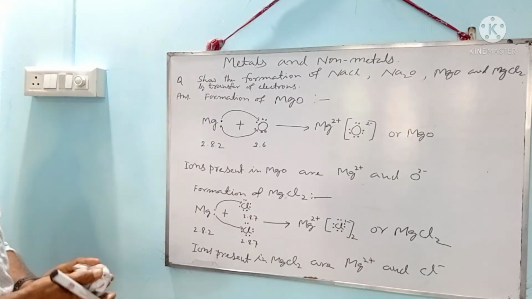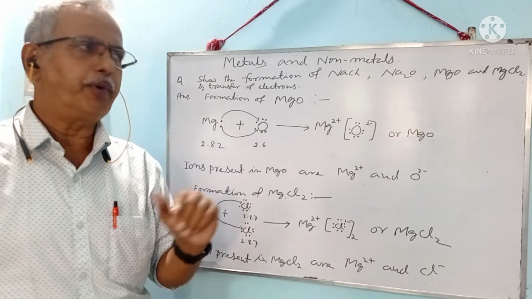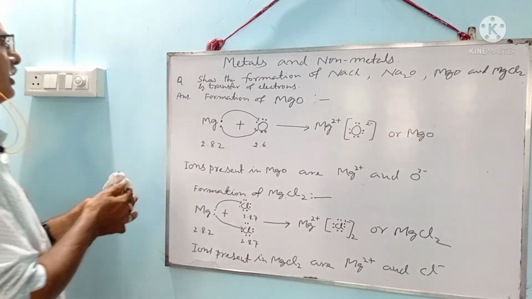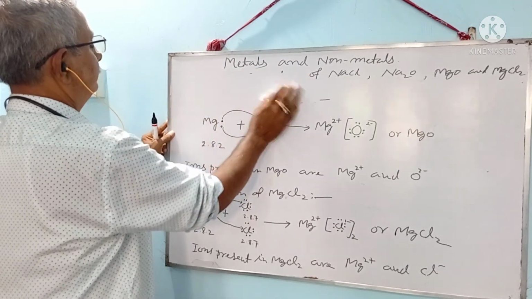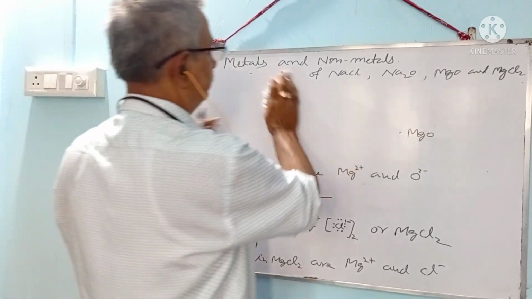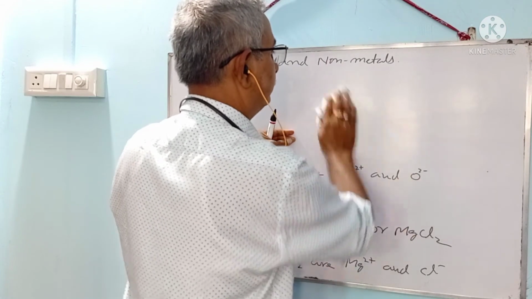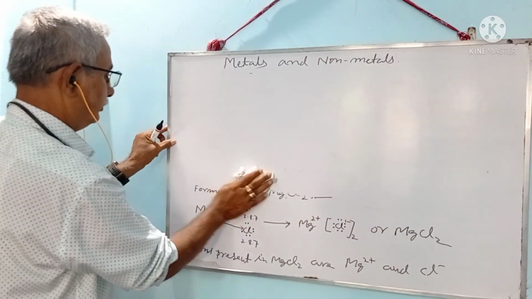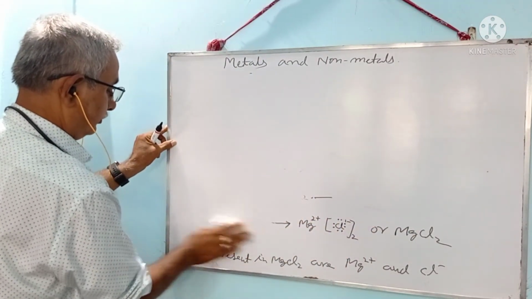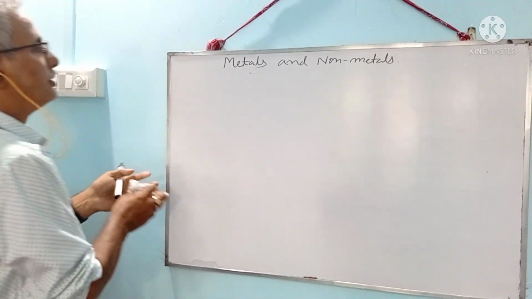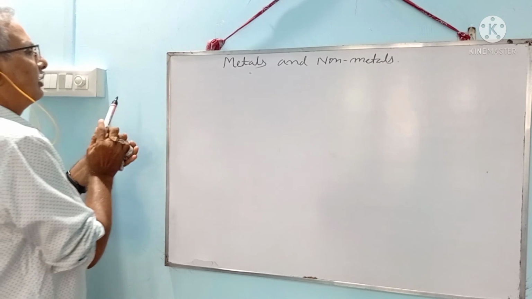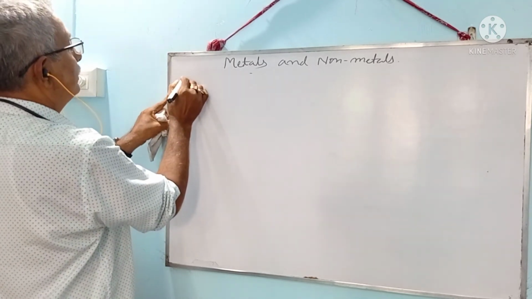Now you come to know what is an ionic compound. Let me rub it. After that I will discuss. Dear friends, what are called ionic compounds?